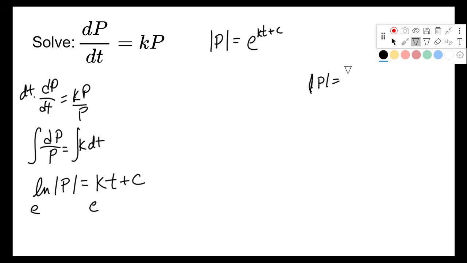The absolute value of p is equal to p if p is greater than or equal to 0, and equal to the opposite of p, negative p, if p is less than 0, which means that the absolute value of p could be positive p or negative p, depending on what the value of p is. So we have to consider both here because we don't know what the value of p is. And that's equal to e to the kt plus c.